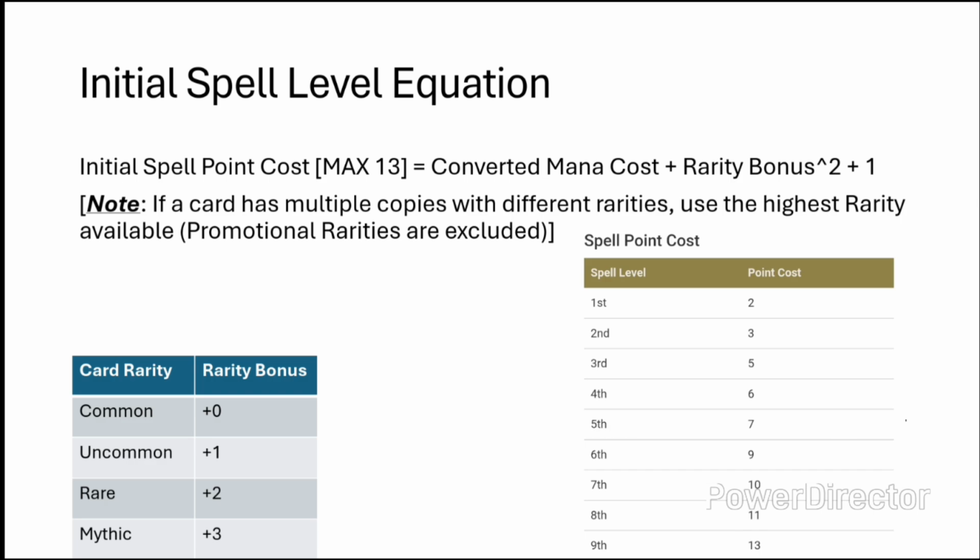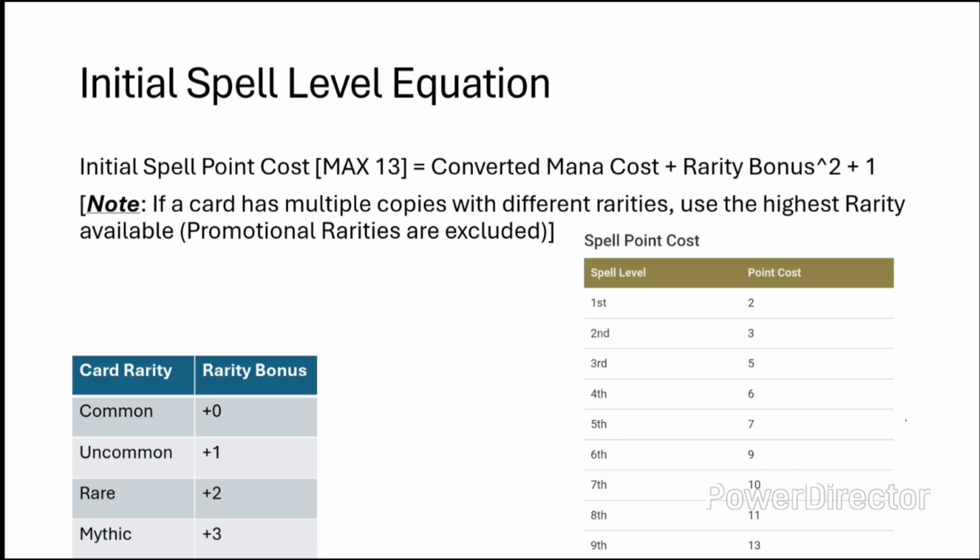Starting things off with my equation for figuring out the level of a spell. There are a lot of different cards, and each one has a mana cost. So we're going to be using the mana cost to help us figure out what their level is. That way we best know how powerful the spell is.